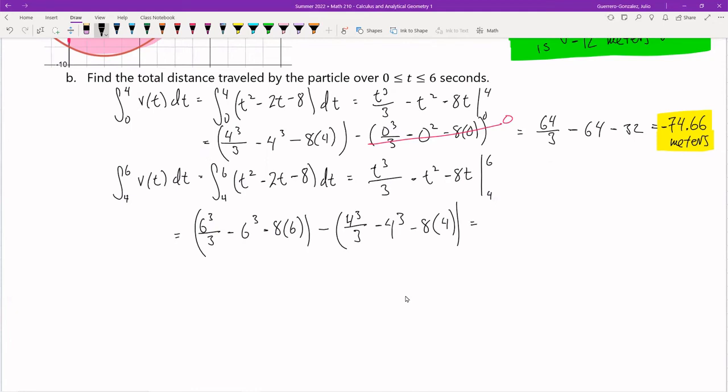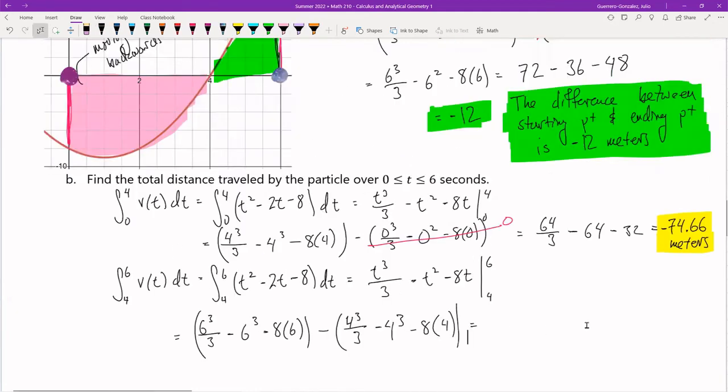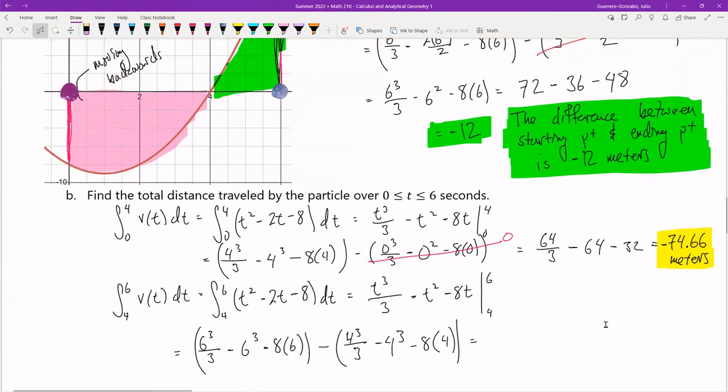Okay, so what we get here now is this. We have the answer for this from above, right? That is going to be negative 12, the very first one. So it's going to be minus 12, right? Minus the one for 4, so minus 74.66 meters.